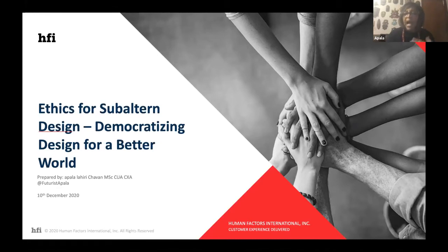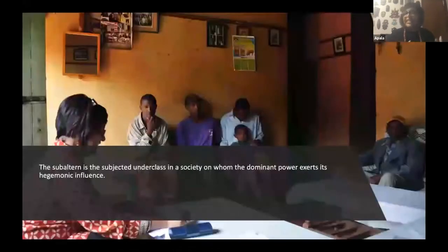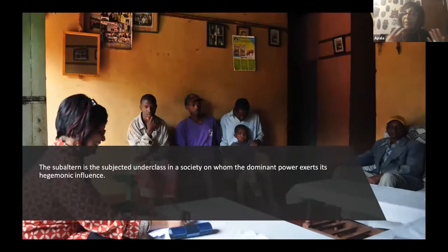And so who is the subaltern? It's a term used from the social sciences, from sociology, actually. What I mean by the subaltern is everybody who's an underclass in society, who is not given a chance to be present or be visible because of the dominant ways that society seems to function.